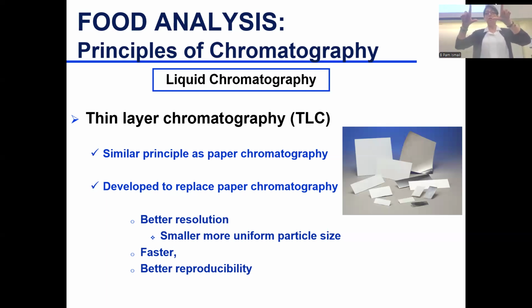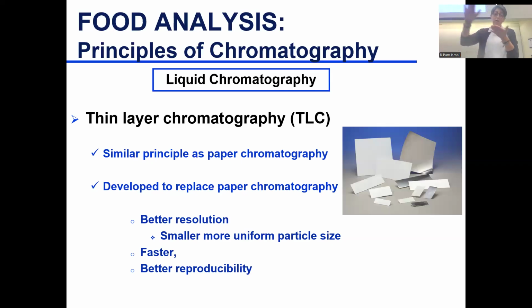So squares of aluminum is your support, and then you have a very, very thin layer of silica gel on it. You can also have support, if not glass, not aluminum, it could be plastic as support. But what makes them better is the silica gel has very fine uniform particles.